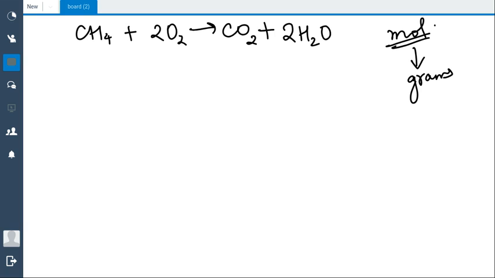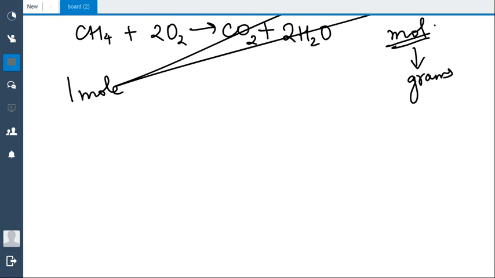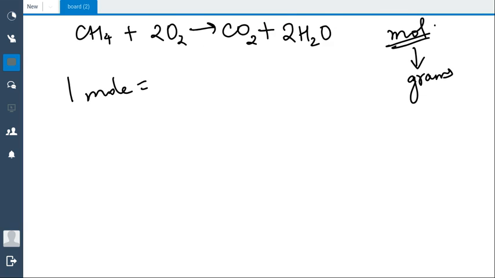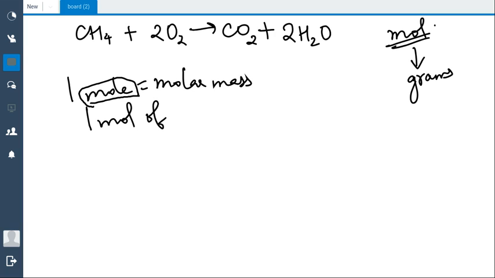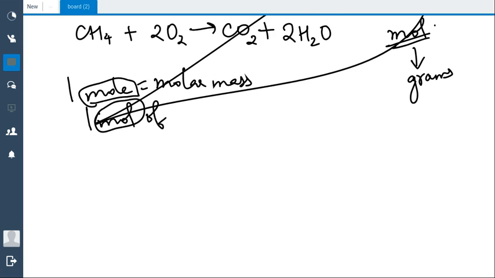So last class I told you that 1 mole of any compound will contain the molar mass of that particular compound. For example, MOLE is the full form and the short form is MOL.